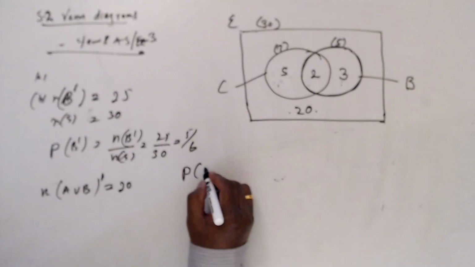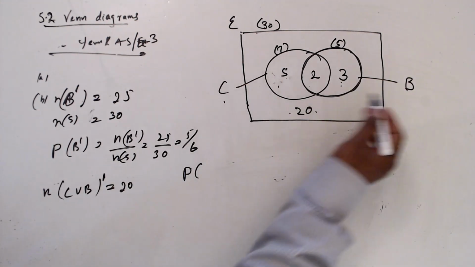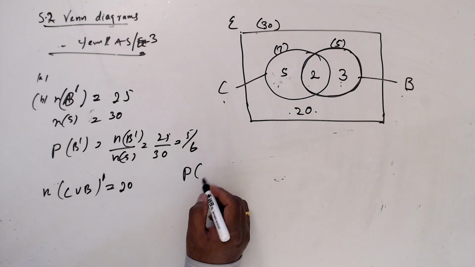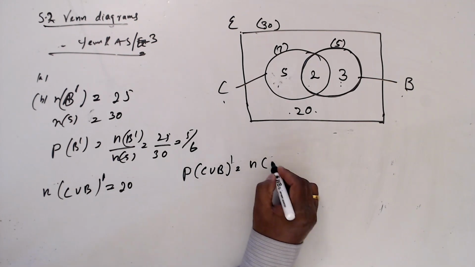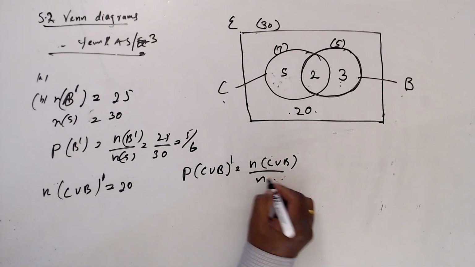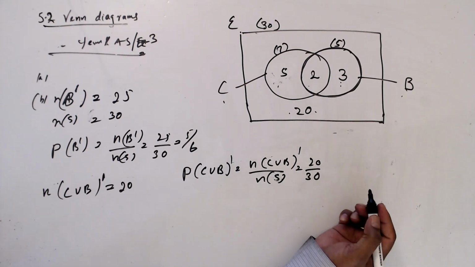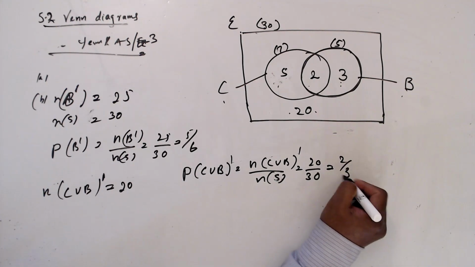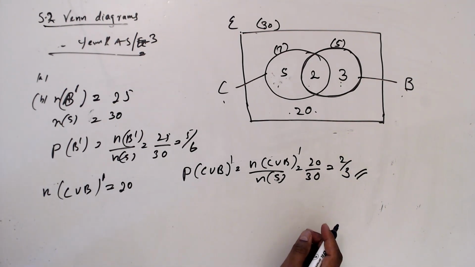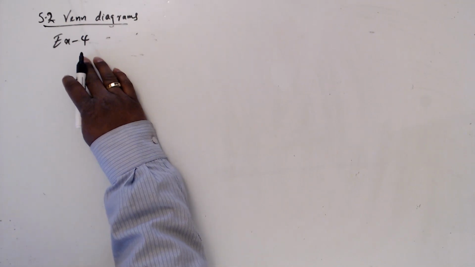So P, sorry, not A, this is C and B. P((C union B)') is N((C union B)') over N, so this is 20 over 30, which is 2 over 3. So example number 4, it is a dog, cat and a fish.